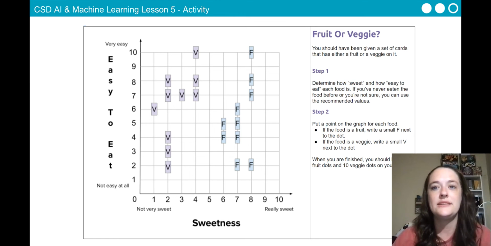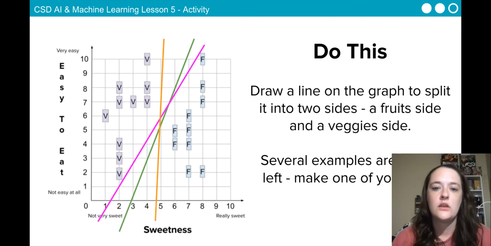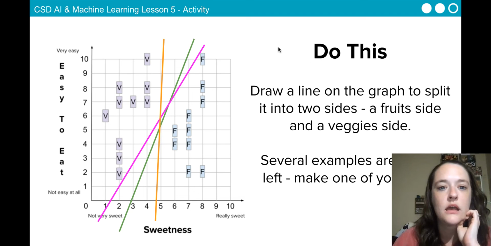so we need to make a decision. How can we divide our graph into a fruit side or a veggie side? So one way we could do it, we see this clear division right here. So we could say this, like down the sweetness level. We could say, take it from this on the pink line, sweetness and ease.